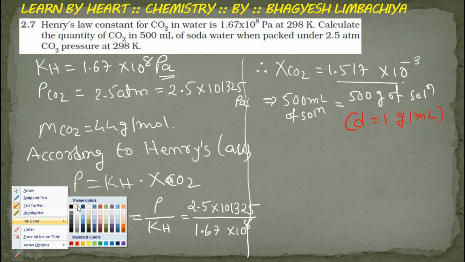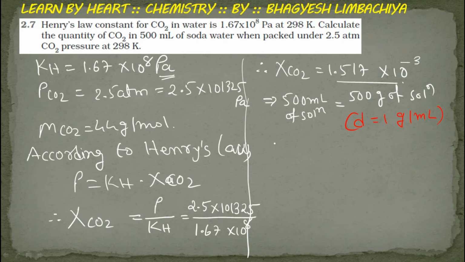Next, number of moles of water will be 500 divided by 18, and it is 27.78.